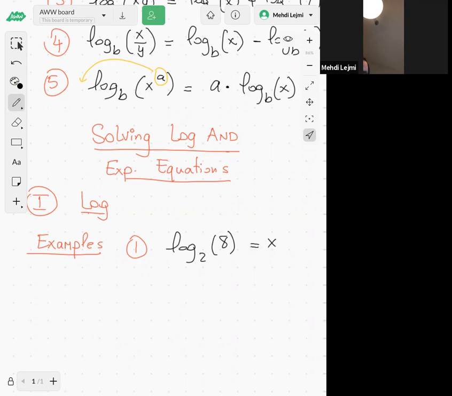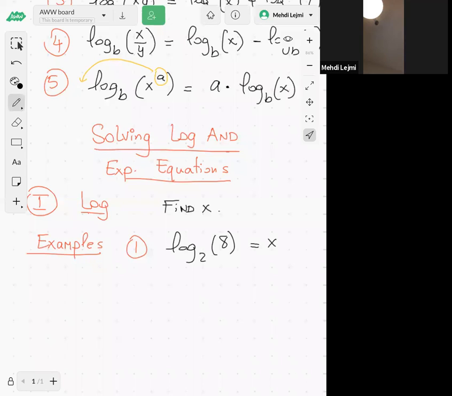Of course, we want to find x. So x is equal to this log in base 2 of 8.